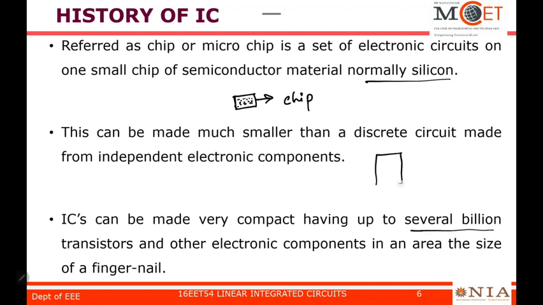Even this size of an IC will have billions of transistors, and not only transistors but other electronic components like resistors, capacitors, inductors, and so on. The size is very small, like a fingernail.